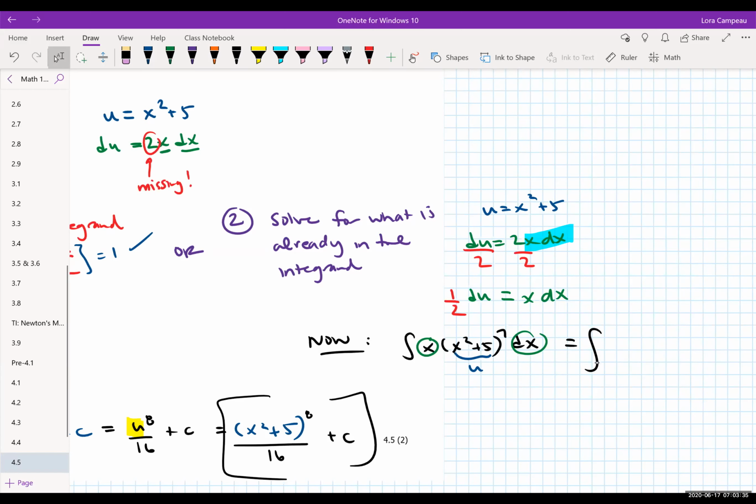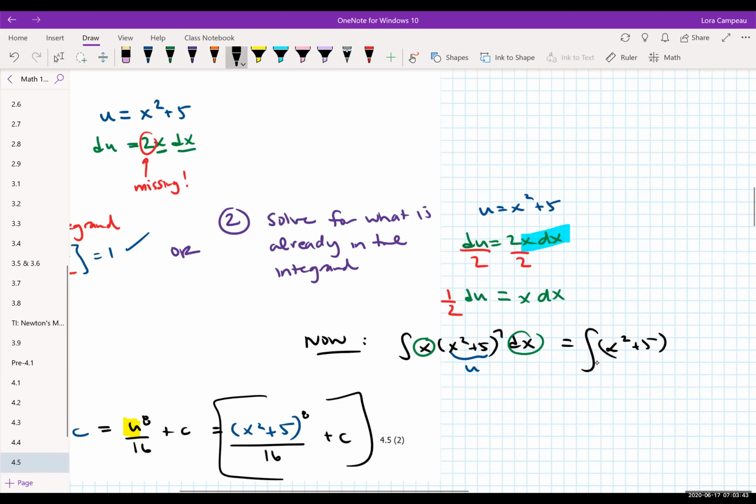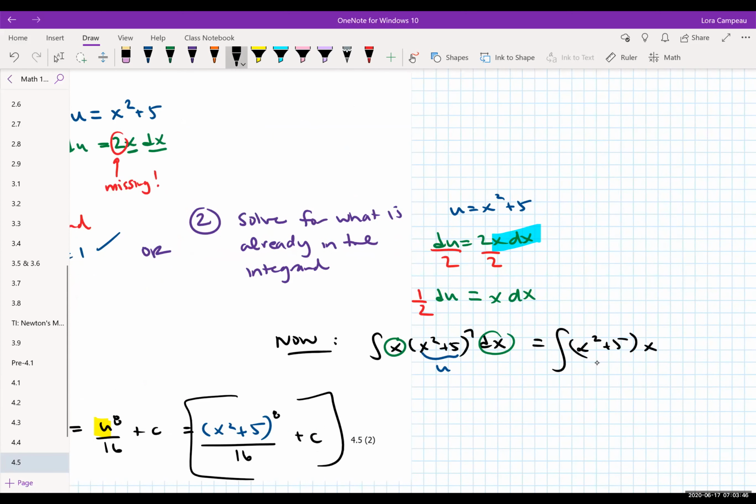And if you feel like writing it over, if this is something that will help you see it better, I'll do this so you guys can really see what's going on. Again, I have the u, and I have the part of the du, the x dx. So what happens?